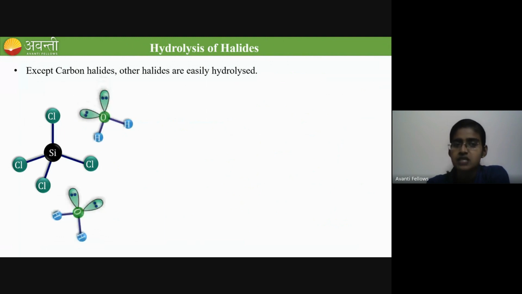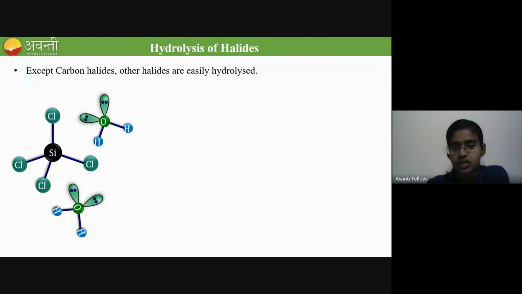When 2 molecules of water come in contact with it, the water molecules interact with the silicon. Silicon has empty d orbitals, so the lone pair of electrons on the oxygen will come and form a bond with the silicon, and hydrogen bonding is also occurring.